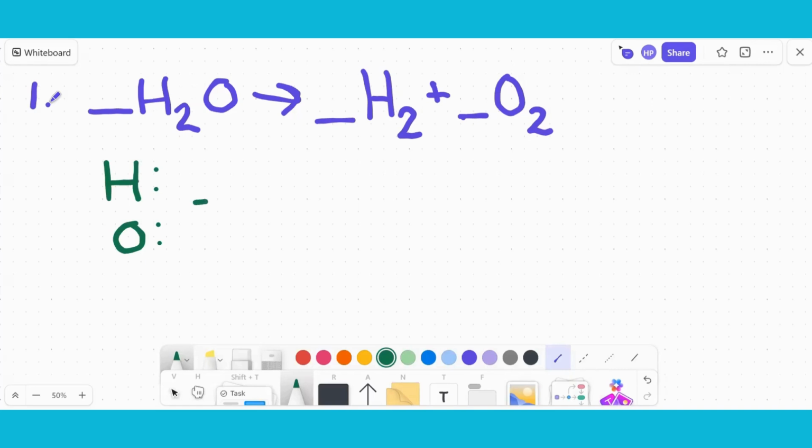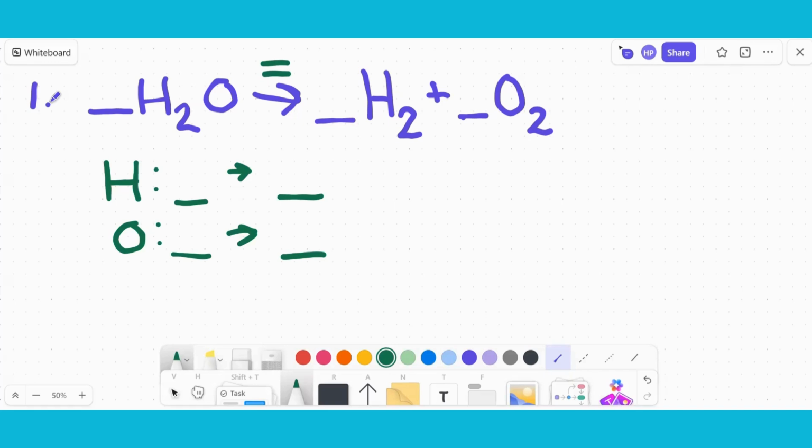So we're gonna take note of how many of each are on both sides of our reaction arrow. And you want to think of the arrow like an equal sign, again, following the law of conservation of mass. We want the number of atoms for each element to be the same on either side of the arrow, so it can help to think of it like an equal sign.